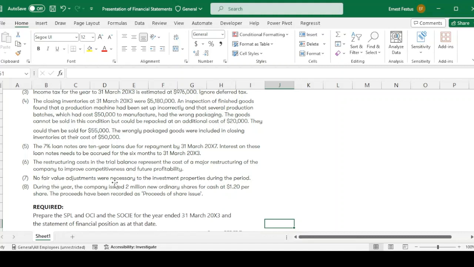No fair value adjustments were necessary to the investment properties during the year. And then lastly, during the year, the company issued 2 million new ordinary shares for cash at $1.20 per share. The proceeds were recorded as proceeds of share issue.